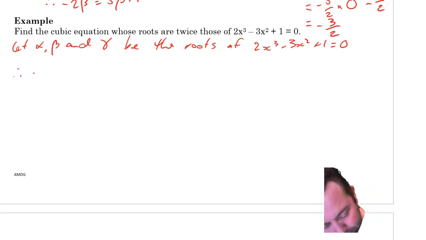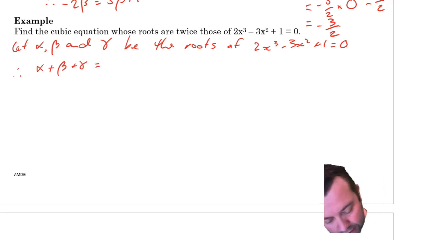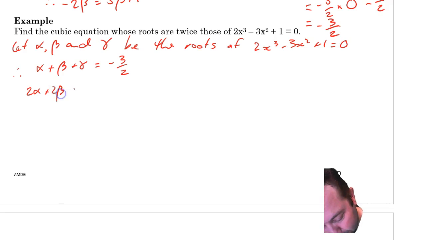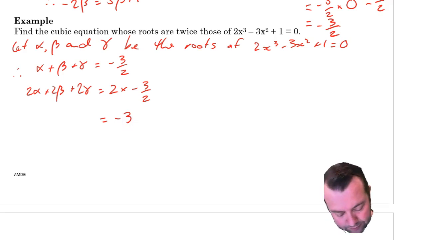Right, so I'm going to say if alpha plus beta plus gamma equals minus b over a equals negative 3 over 2, then 2 alpha plus 2 beta, double the roots, plus 2 gamma equals 2 times negative 3 over 2 equals negative 3.